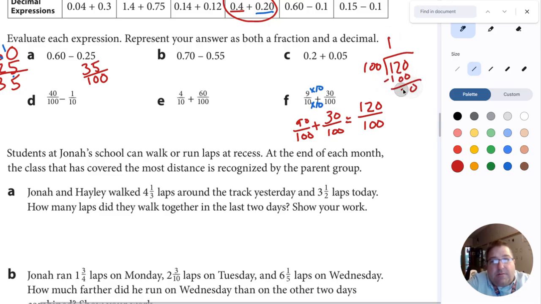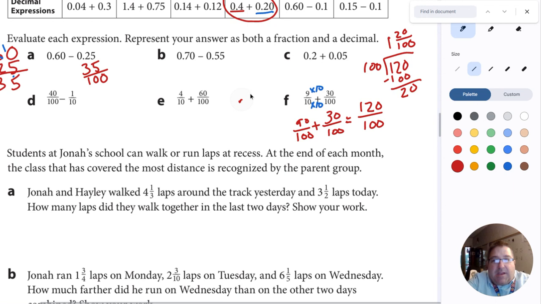Subtract. And then we got 20 out of 100 left over. So we can think about that as 1 and 20 hundredths. Again, keeping it kind of in that form because of our decimals. And again, 90 out of 100 plus 30 out of 100.